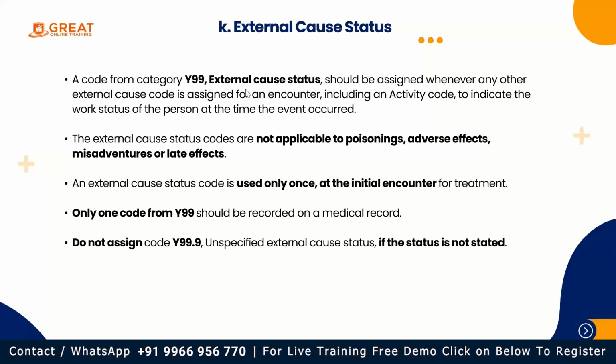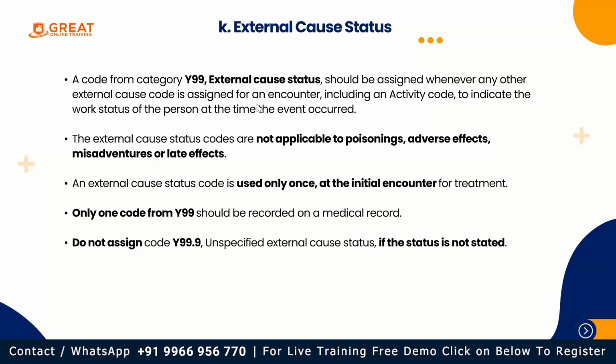Okay, we have to use external cause status code, which is from category Y99, to explain work status of the person at the time the event occurred. The external cause status codes are not applicable to poisoning, adverse effects, misadventures, or late effects.